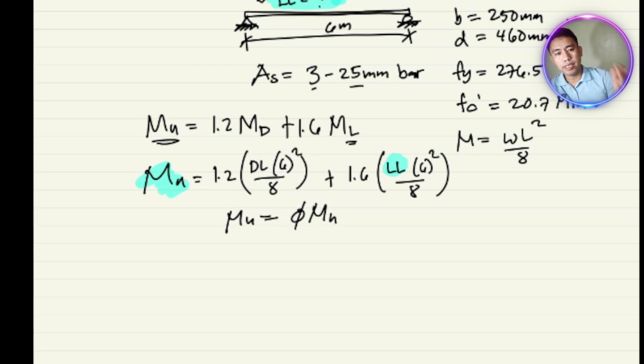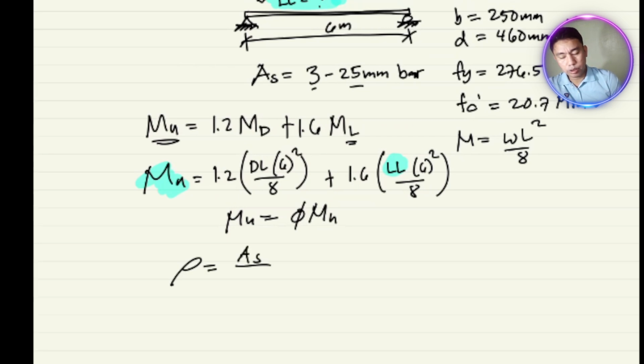Okay? Check na natin kung mag-yield ba yung steel. Okay? So, i-compare natin yung actual rho kasi meron tayong rebar, actual rho to rho balance.